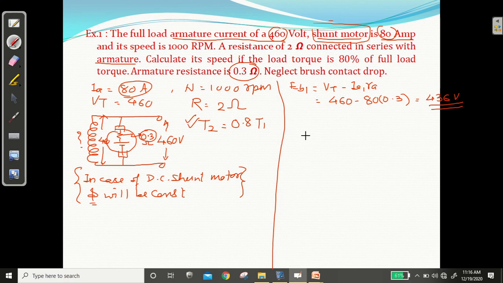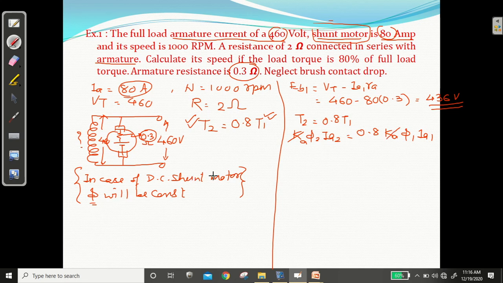Now we have T2 equal to 0.8 T1. The purpose of this condition is that you get the current in the second case. This must be given. In the second condition you will get the current IA2. So T2 equals KA phi 2 IA2, equal to 0.8 into KA phi 1 IA1. This KA will be cancelled.